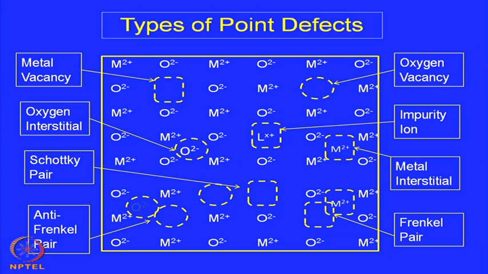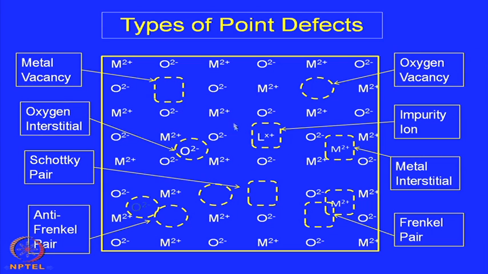But in this particular case, we have just considered a substitutional solid solution, and so the L is a foreign atom or foreign ion, a metal ion, which has substituted the original metal M2 plus.